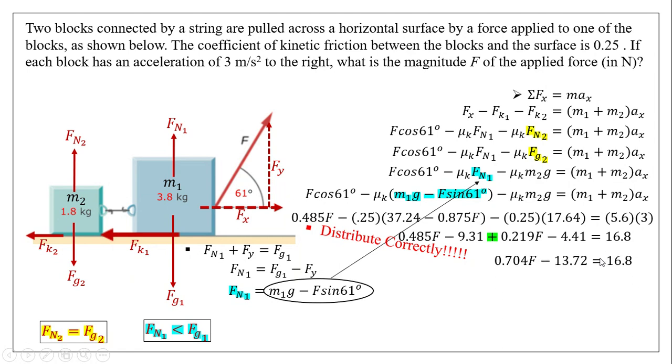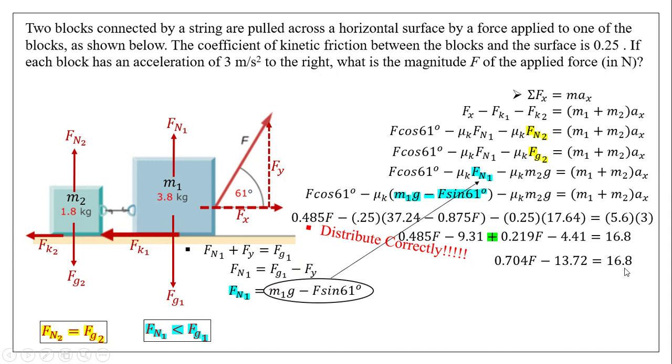So let's go ahead and combine everything. I'm going to take this 0.485F. I'm going to add it to 0.219F, which gives me a positive 0.704F. And then here is a negative 9.31. You have another negative 4.41, which makes a bigger negative. So if you add those two negative values, you get negative 13.72.